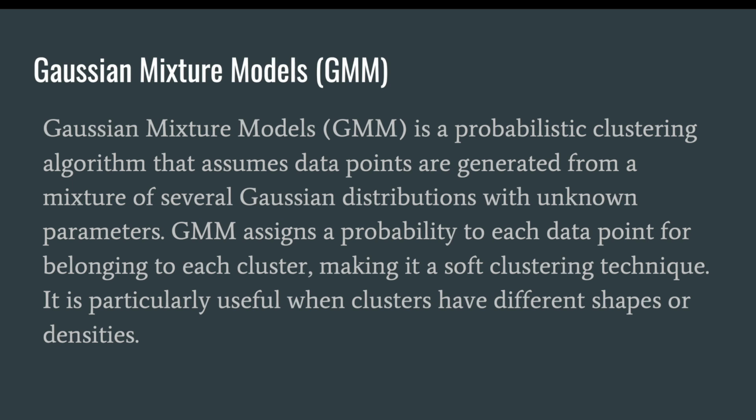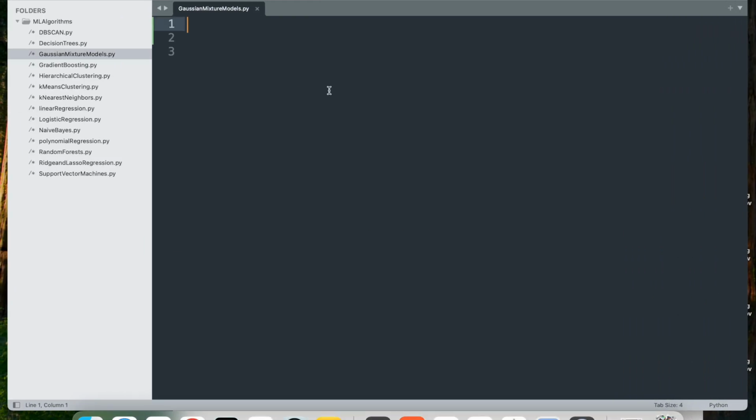Let's go ahead and implement this Gaussian mixture model, GMM clustering, in Python. So I have already created a file. I'm going to go ahead and first import the necessary libraries. Next, I'm going to say from sklearn.mixture import GaussianMixture, which imports the GaussianMixture class from scikit-learn's mixture module.